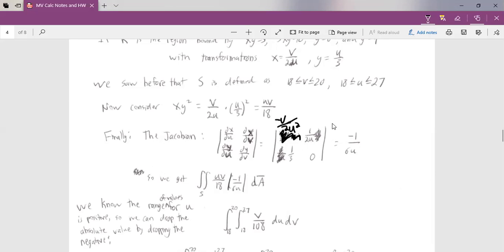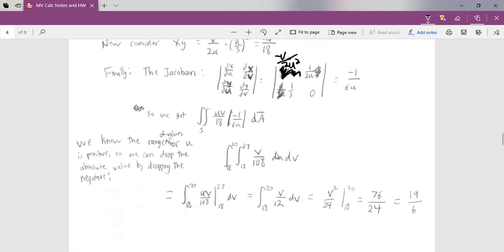And then we have minus 1 over 2u times 1/3 is negative 1 over 6u. And again, here, what we end up getting then is this double integral over my interval for s of uv over 18 times the absolute value of negative 1 over 6u dA bar, which is du dv.